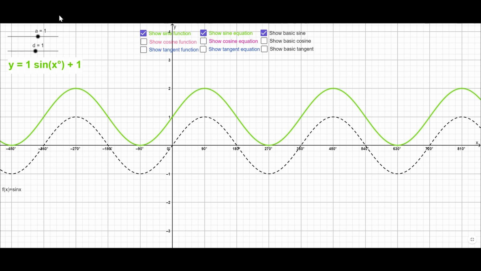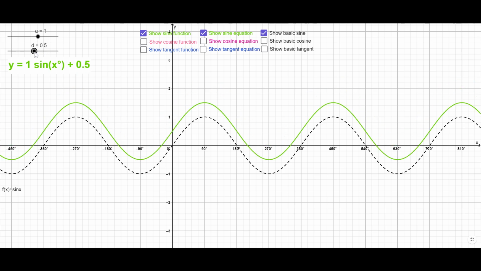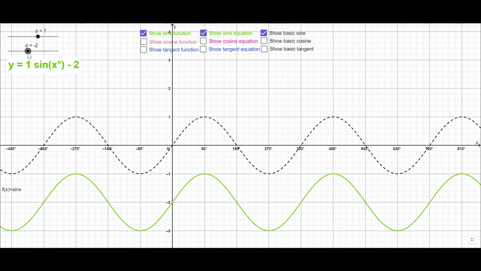Okay, what if we make it negative? Let's say we make it -2. The whole graph moved down by 2. It starts at -2 now, you know what I mean when I say start. It's at 0 degrees. It is now at -2 instead of 1 where it used to be.